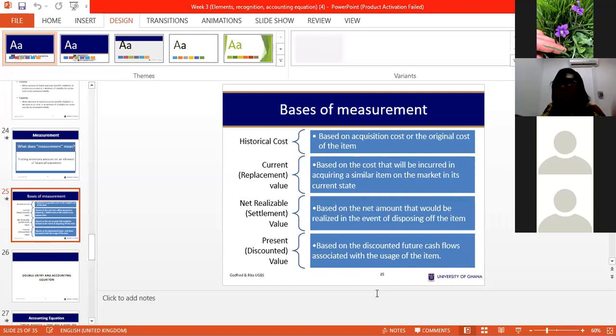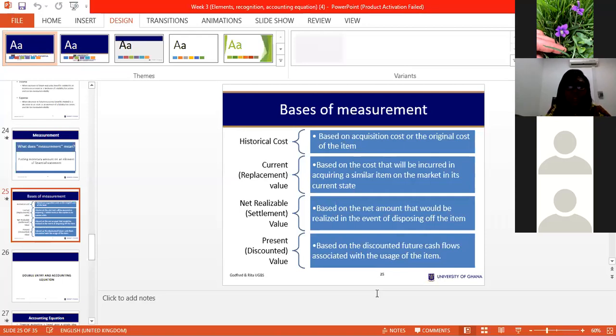So if you bought your laptop and currently one of the letters are off, in that current state, if you go to the market where laptops are sold, how much would you be incurring to acquire such a laptop? Okay, it all depends on the market. So that is the current replacement cost.